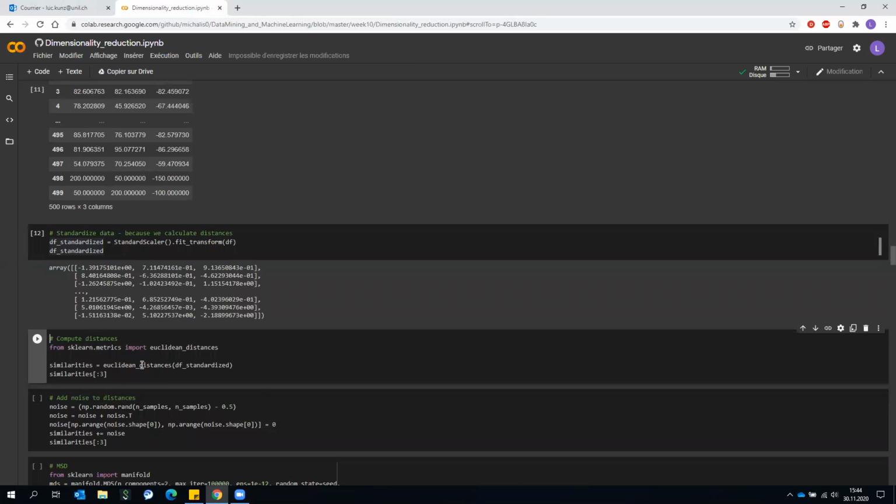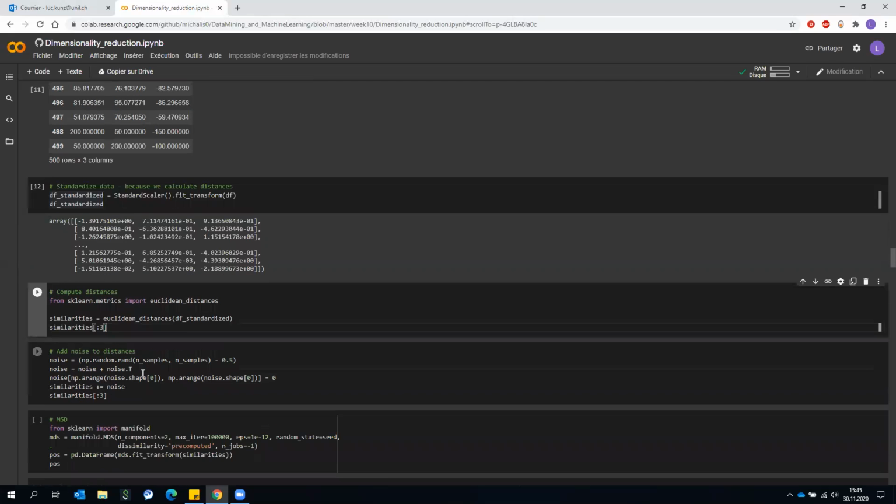Then I compute the distance using the scalar and the Euclidean distances. The Euclidean distance is the square root of the sum of the squared differences.